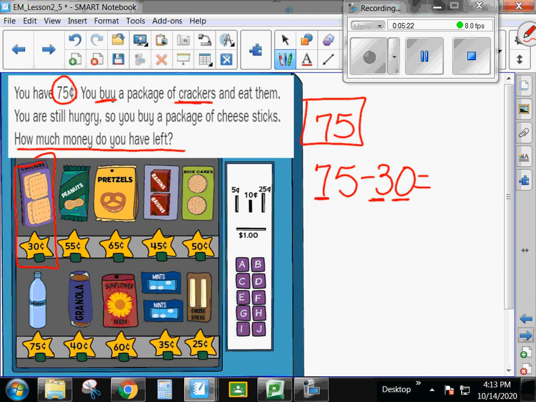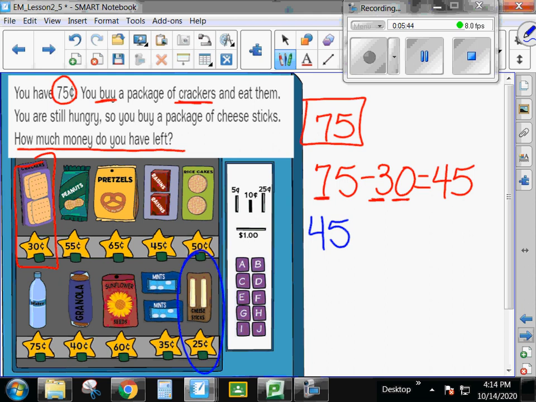If I subtract 3 tens from 7 tens, I have 4 tens. The ones will stay the same. So I have 45 cents left. Now it says you're still hungry, so you buy a package of cheese sticks. So what are you going to have to do next? Well, now you take the money that you had left over from that and you buy your cheese sticks.